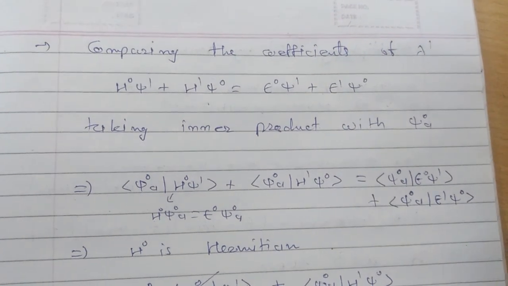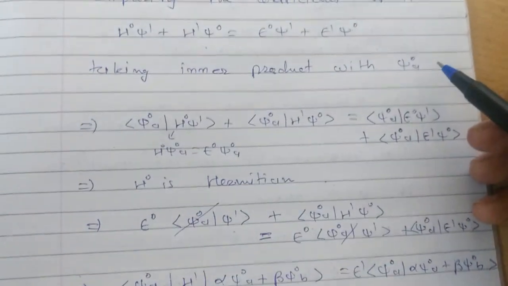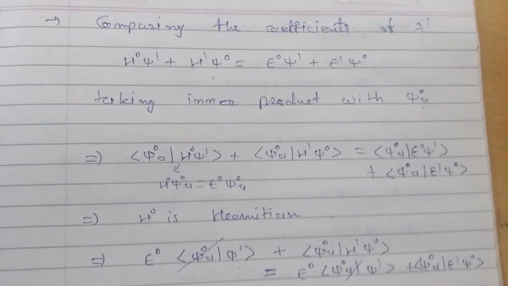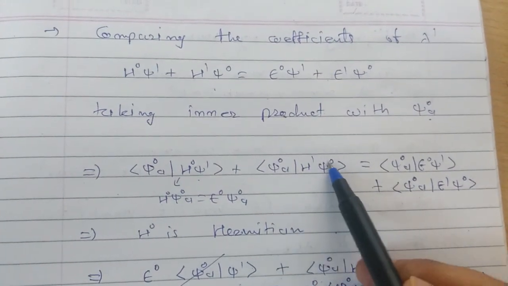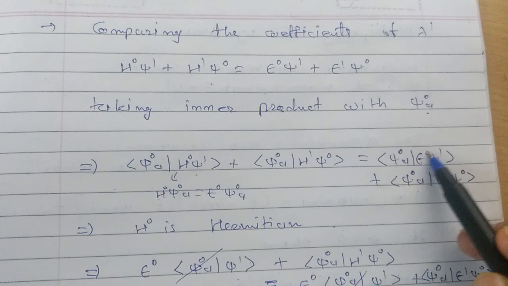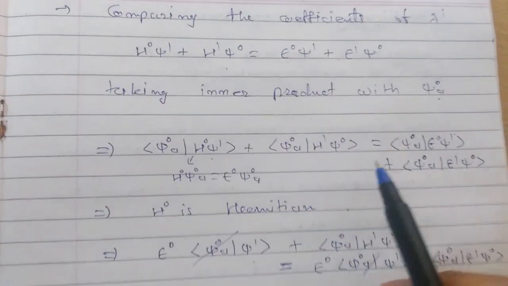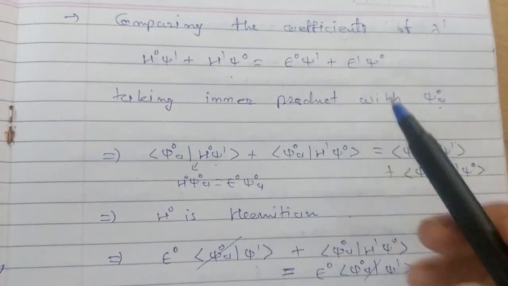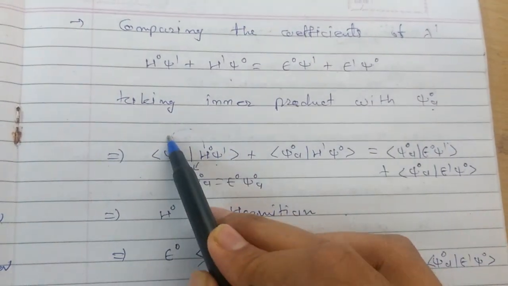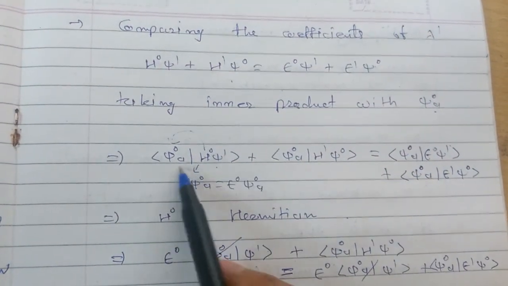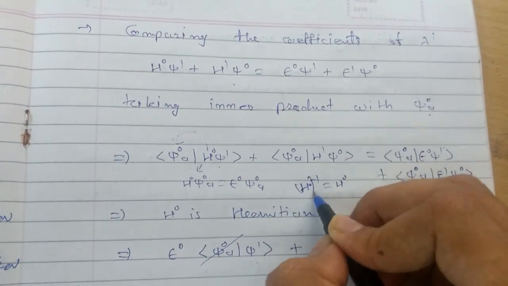Let's take the inner product with the first degenerate state psi naught of A. We'll get psi naught of A H naught psi 1 plus psi naught of A H1 psi naught is equal to psi naught of A E naught psi 1 plus psi naught of A E1 psi naught. We know that H naught is Hermitian, so this can be moved over to act on psi naught A.